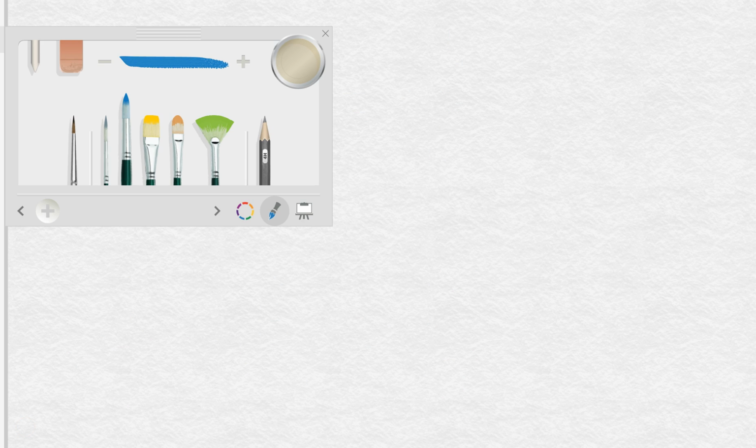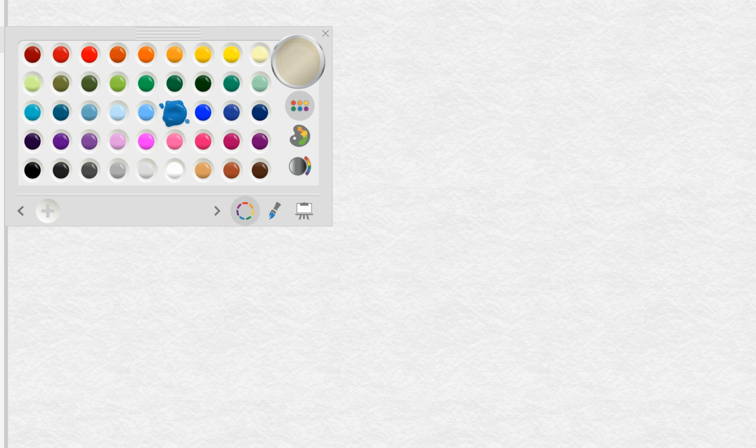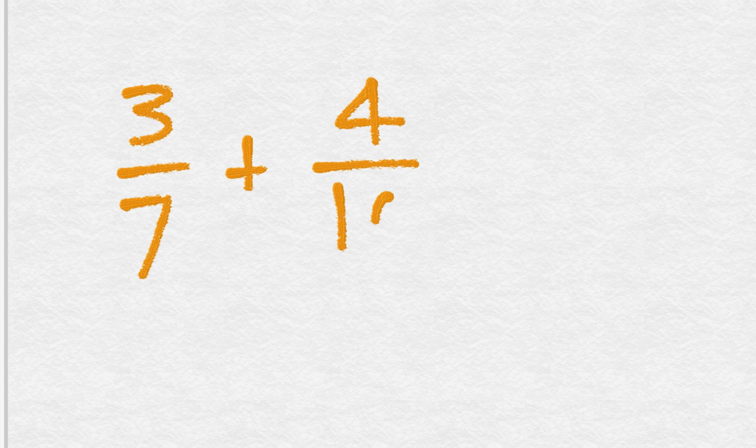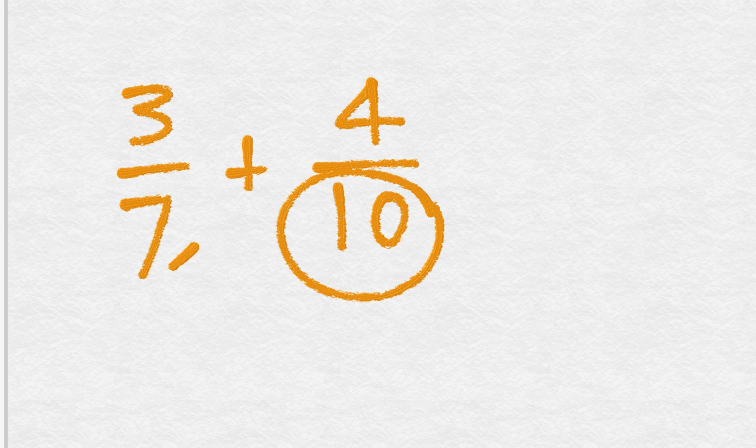Now things get a bit more complicated when you're looking at fractions which don't have the same denominator. So let's have a look at 3 over 7 plus 4 over 10. Now what I mean is, okay, let's circle the largest number here, which is 10. Can you times 7 by something to equal 10? Well, no, you can't. So you can't use the method I was using before.